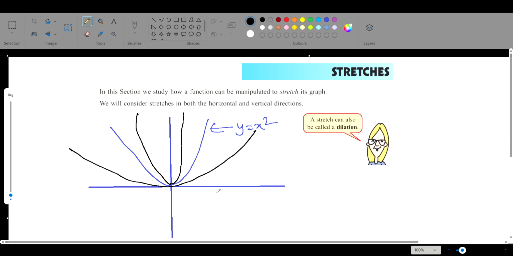So either it shrinks, or it expands. That's how the stretches look. Are you getting that?